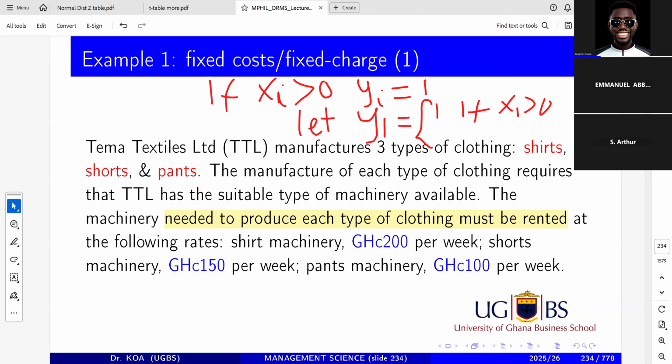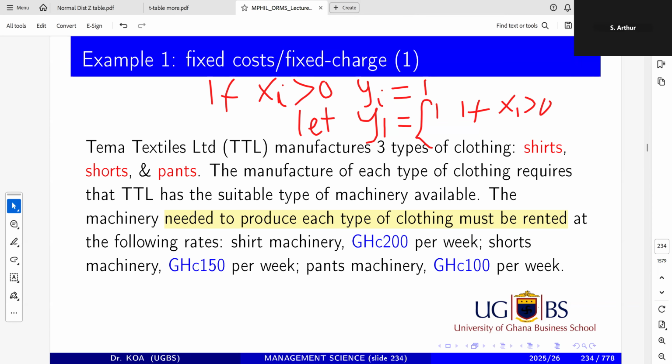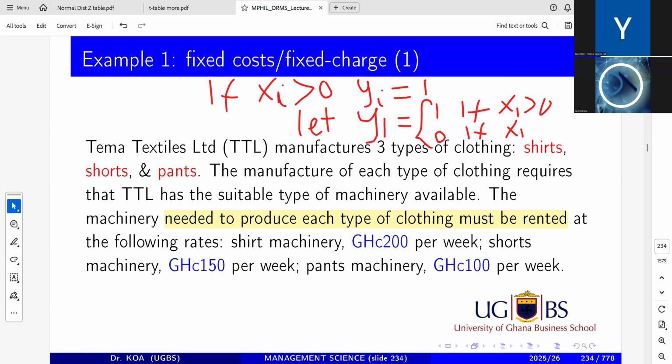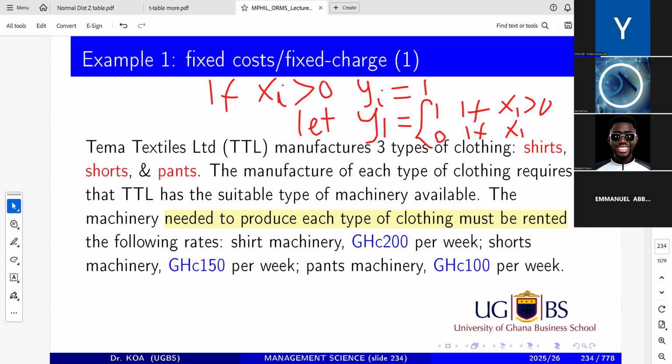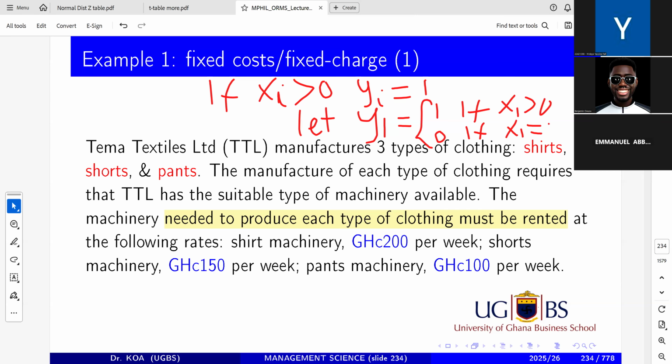That's it. And it should be 0 if X1 is what? Who can tell me? If X1 is what? Less than or equal to 0. That's wrong. Yasin. Equal to 0. Equal to 0. That's how it's supposed to be.